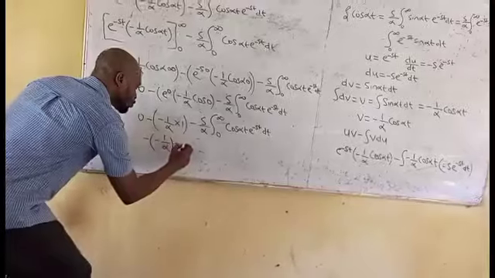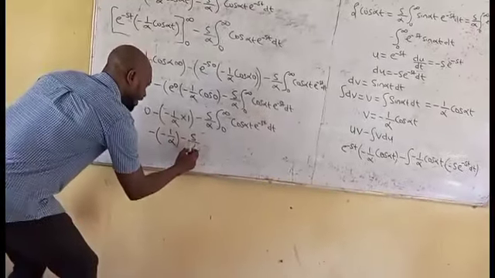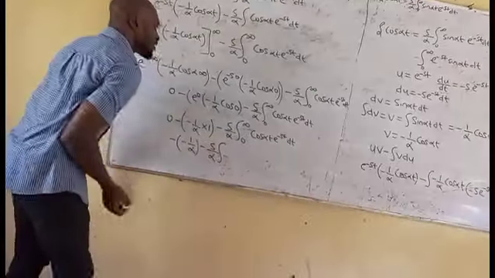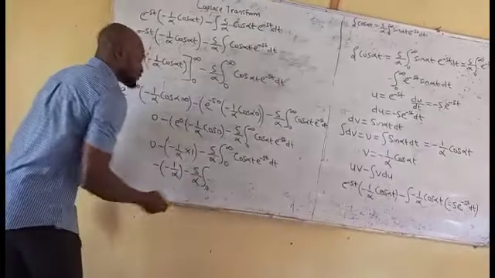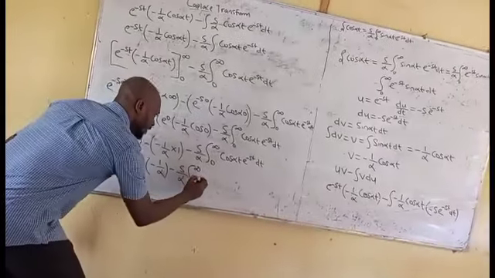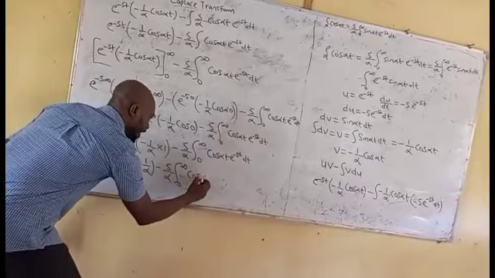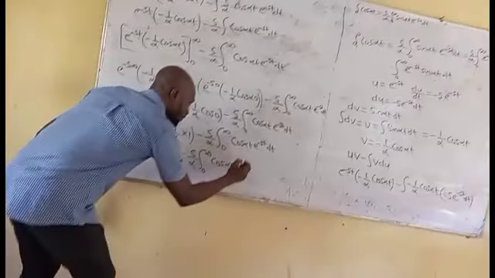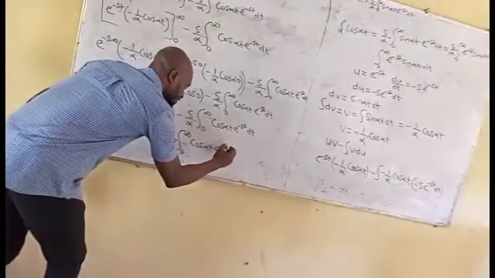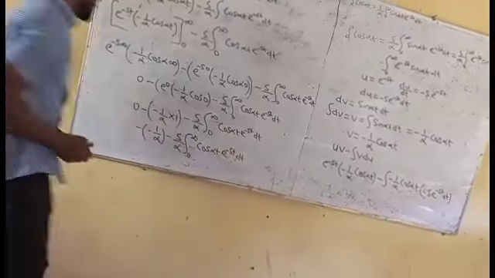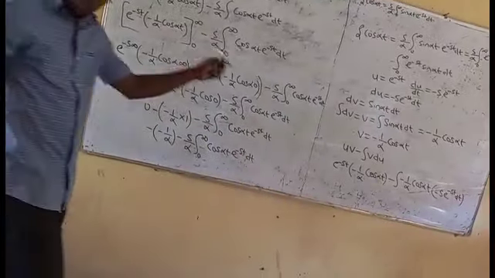Then minus x over alpha, then the integral from 0 to infinity of cos alpha t multiplied by the exponential minus st dt.